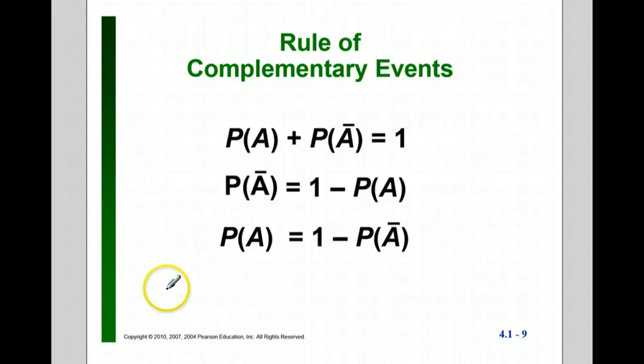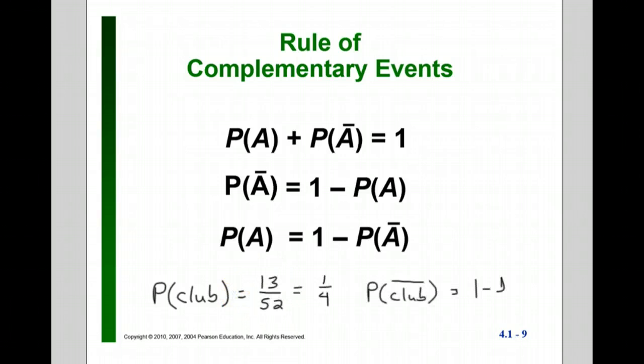Alright, so let's say the probability of a club is 13 out of 52, which reduces to a fourth, and the probability of not a club then would be 1 minus 1/4, and then obviously 1 minus a fourth is 3/4. So that's how we use this complement rule in the middle.